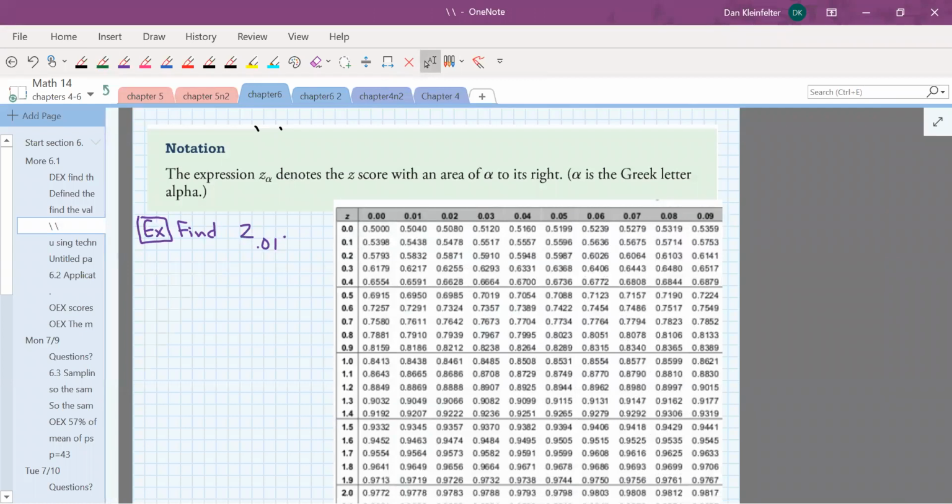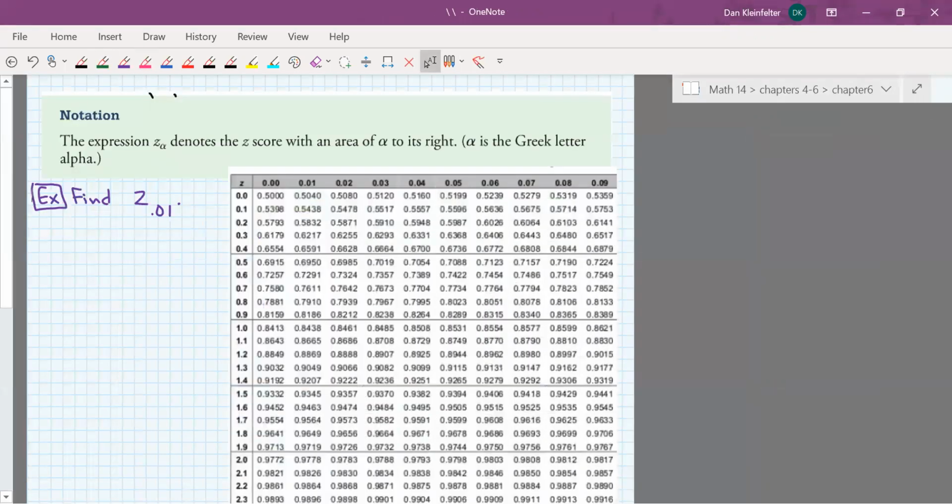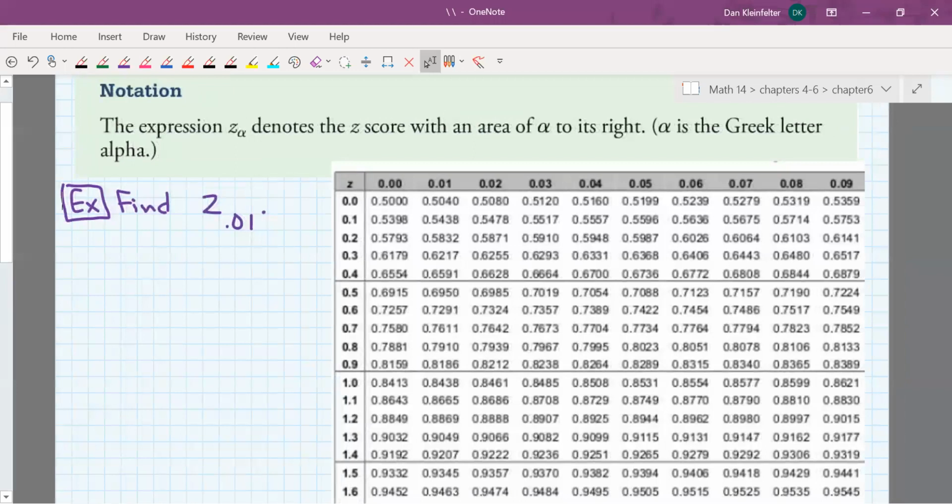We had seen this notation last time, so one more practice with it. The notation Z sub alpha denotes the Z-score that has an area of alpha to its right. So if we want to find Z 0.01, then we want to know what Z-score would cut off an area of 0.01 on its right.